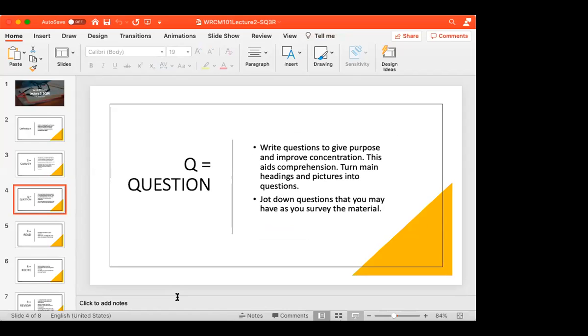That was the first step. Now this is the second step. It is called question. So we covered S, now it is Q, SQ3R, right? Q is question. Now, write questions to give purpose and improve concentration.